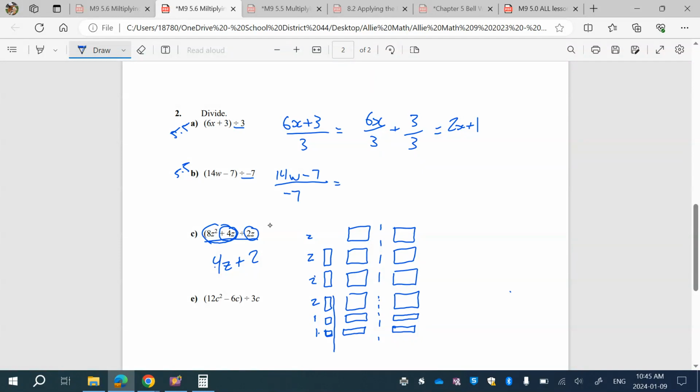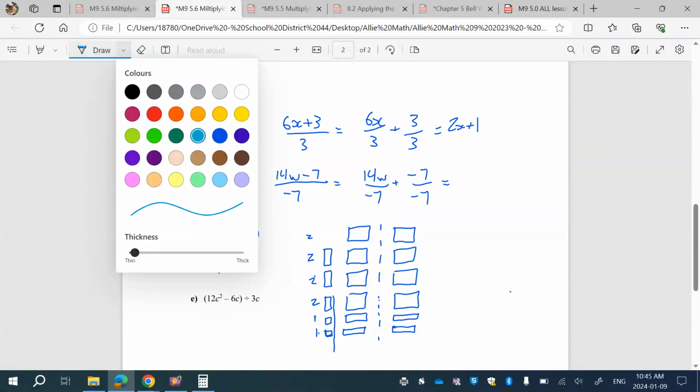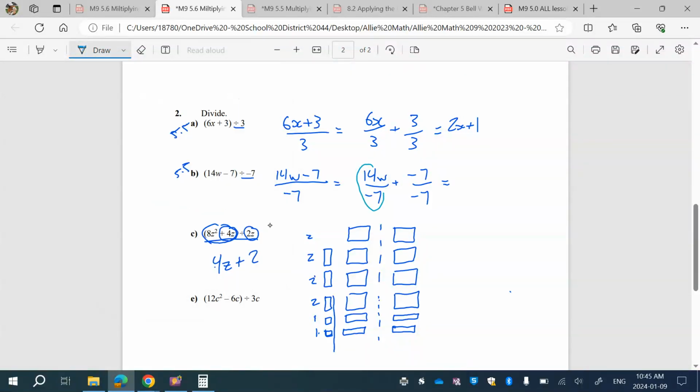Let's rewrite this over here. 14w divided by -7 plus -7 divided by -7. Now we just need to reduce this one here and this here. So 14 divided by -7 is going to give us -2w, and -7 divided by -7 is a +1. Okay.